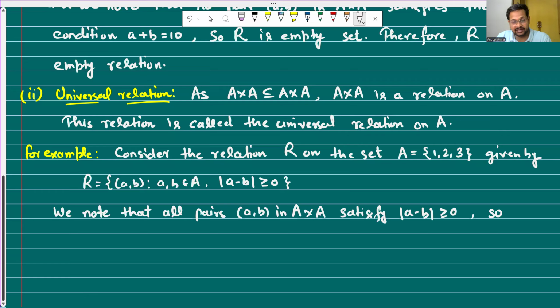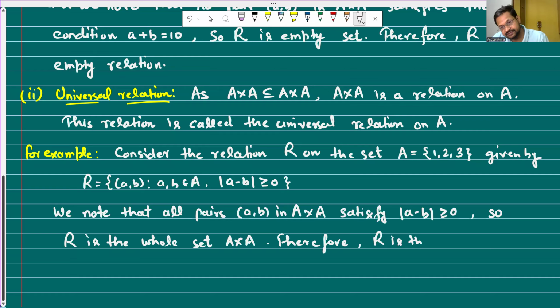So this R contains the whole of A cross A. So R is the whole set A cross A. Clear? Therefore, this R is the universal relation. Okay, got it?